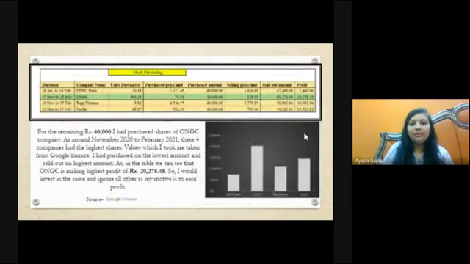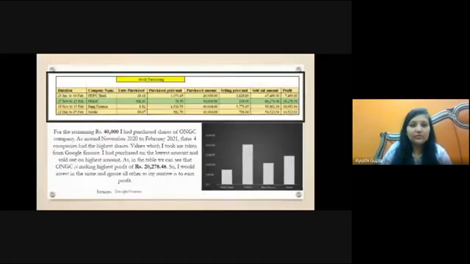Now, talking about the data which I have taken, I have purchased the stock. While calculating, as I was given a maximum time period of 3 months, I took the time consideration of 3 months.